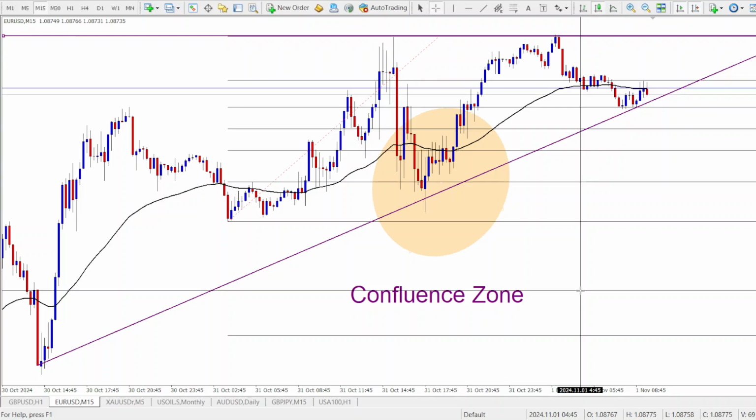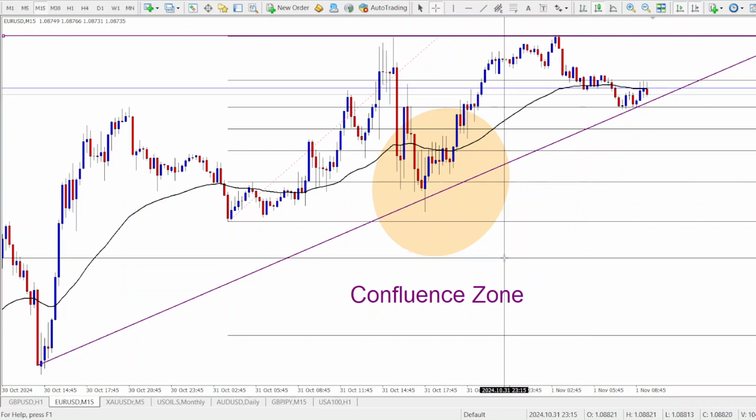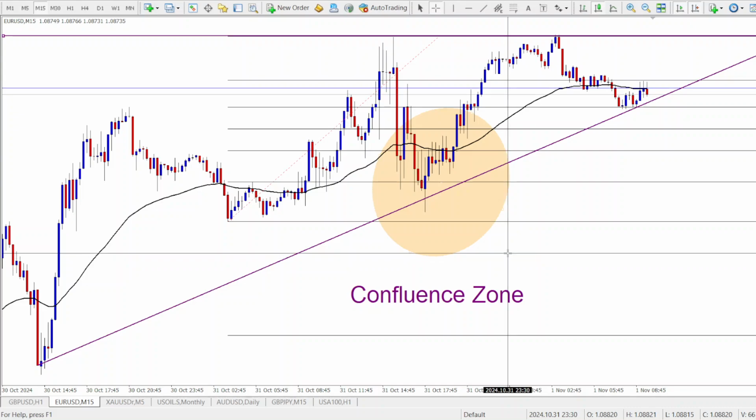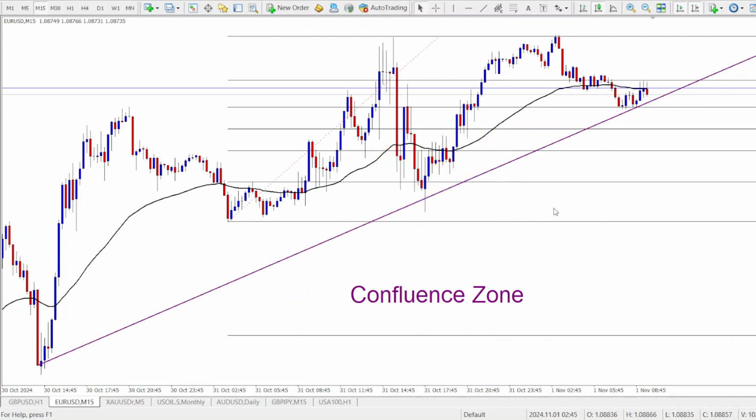It's a concept. So you can make use of confluence irrespective of the strategy you are using. So someone who does not use Fibonacci retracement in his strategy shouldn't think that he can't use confluence zones. So let us try using confluence zone in another strategy.